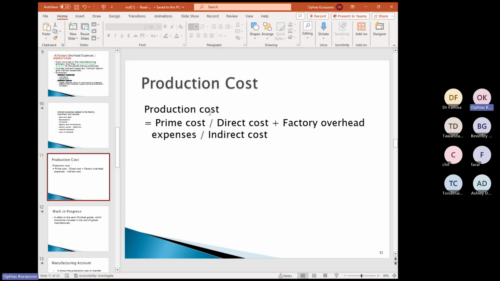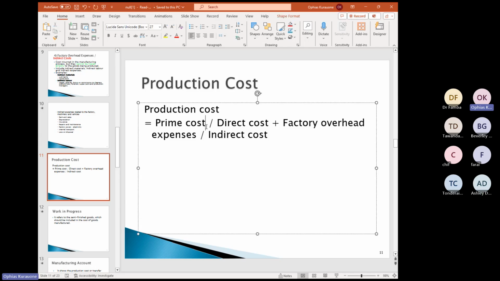Okay, let's talk about the prime cost here. Production cost consists of prime cost. We said our prime costs, or direct costs, consist of direct material, direct labor, and direct expenses.